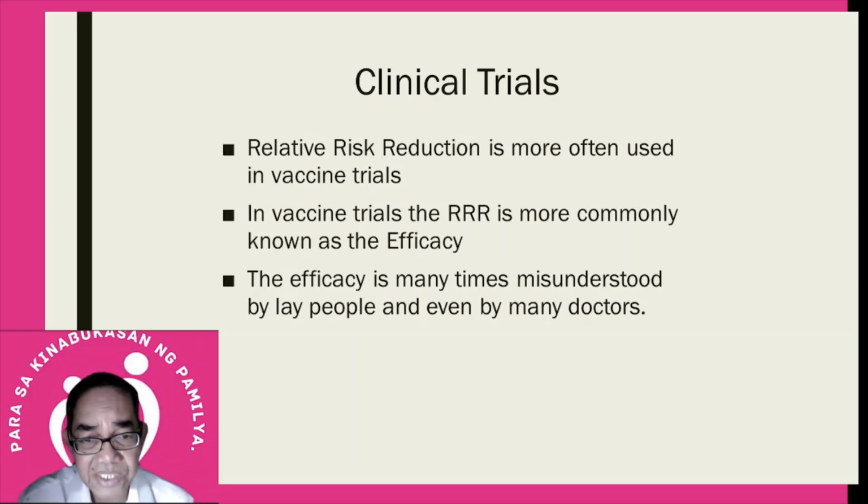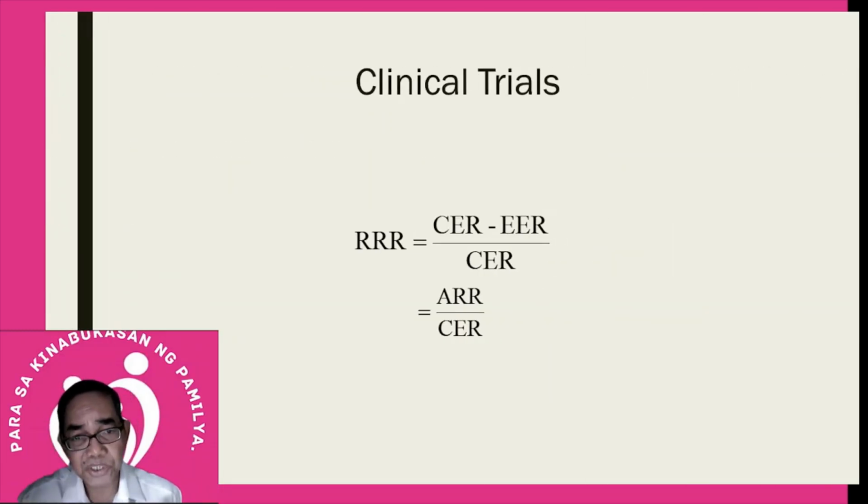And the efficacy is many times misunderstood by lay people, even by many doctors when they talk of efficacy. And that is why I don't want to call it efficacy, but I want to call it the relative risk reduction, so the meaning of this will be more understood by people. Okay, so let's look into the formula of the relative risk reduction. This is the formula of the relative risk reduction.